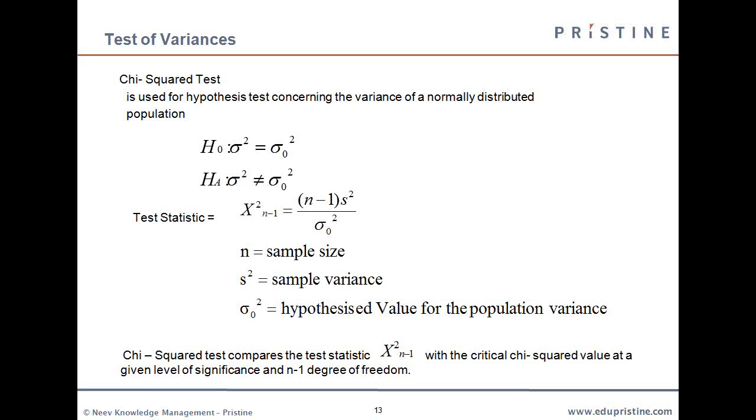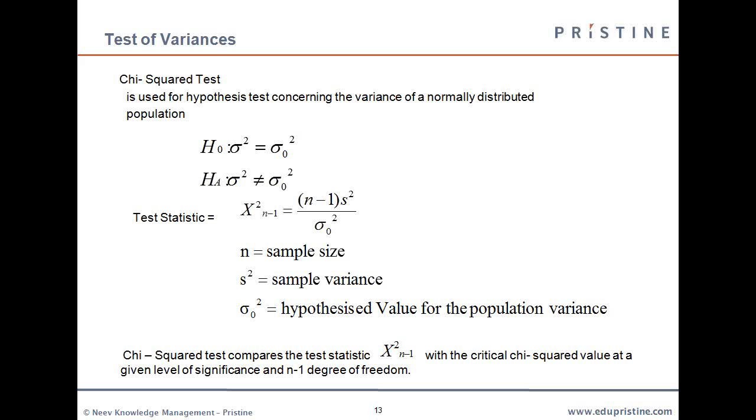The test statistic in a chi-square test is given by the following formula. We use the sample variance in our formula and also the hypothesized value for the population variance.